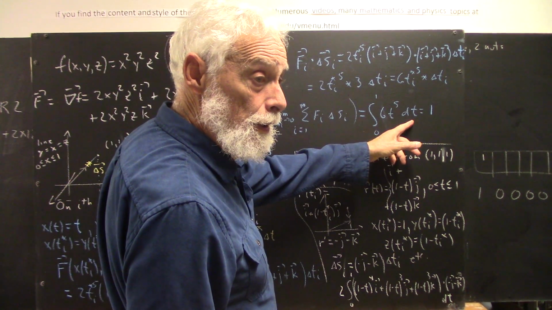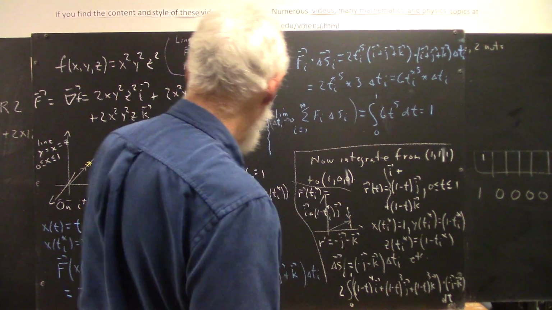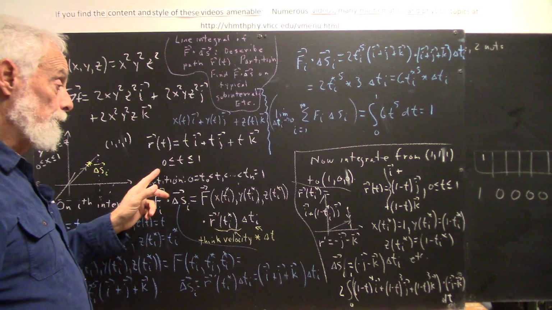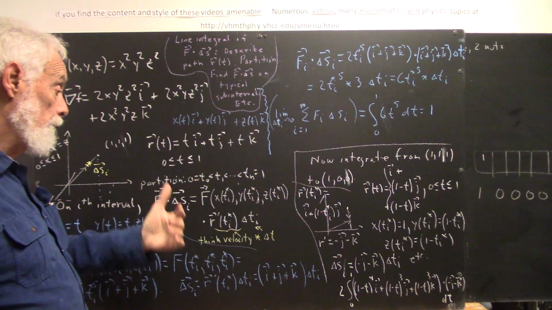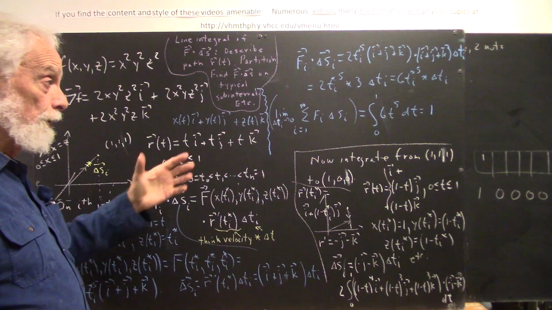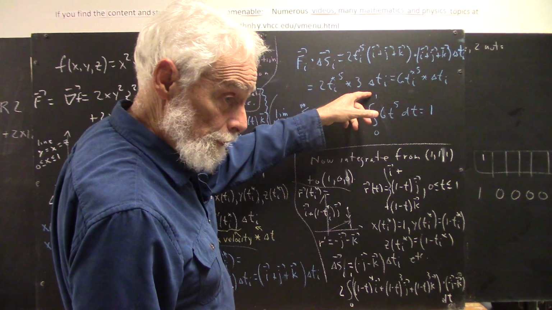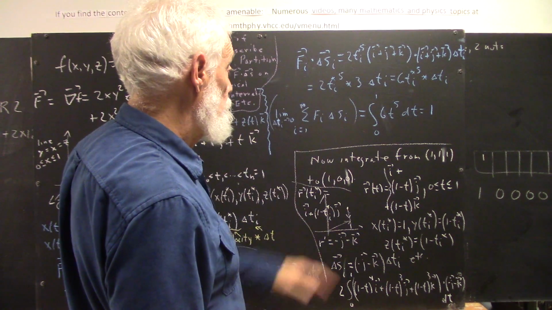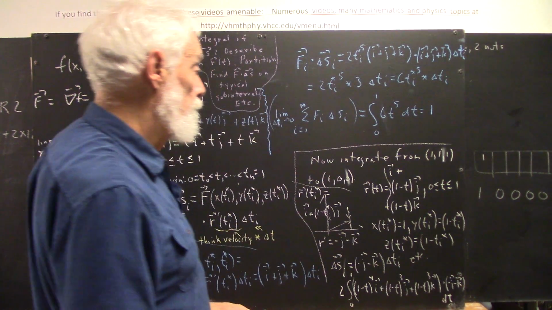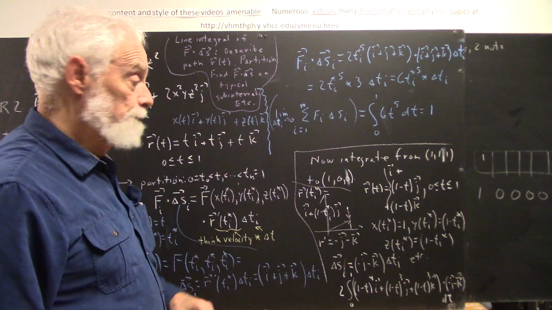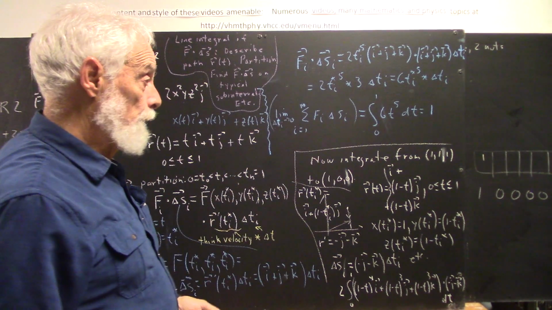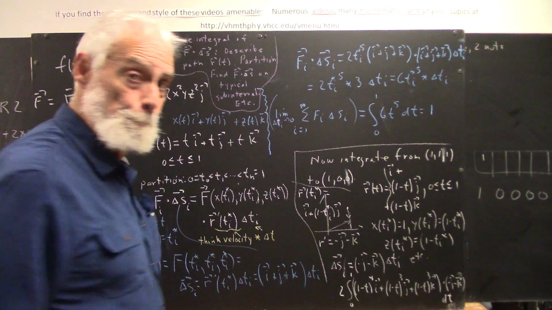Well, integration is with respect to t. t goes from 0 to 1. That's the interval that we partitioned. Our partition goes from t equals 0 to t equals 1, so our integral goes from t equals 0 to t equals 1. So there's our result, 6t to the fifth dt, and you can easily evaluate that integral. You just get 1.